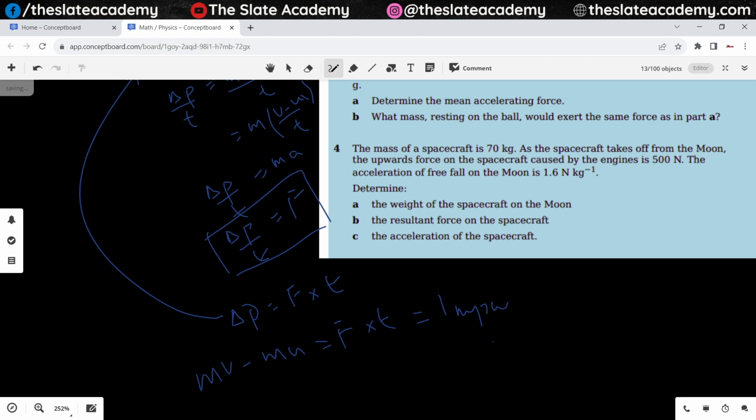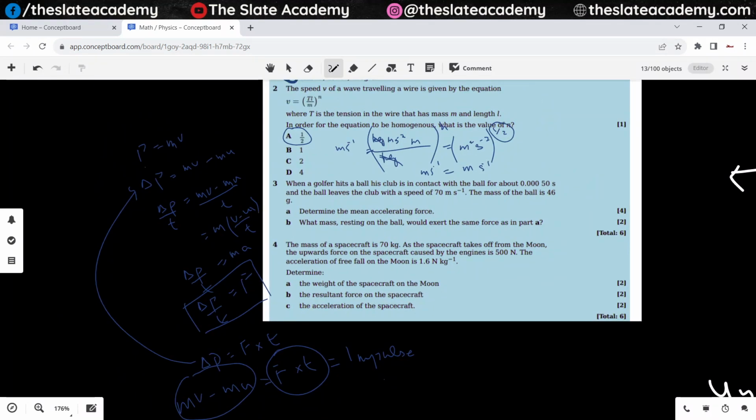So if ever you have to calculate or use impulse, you can use the formula either mv minus mu or force multiplied by time. Okay. चलें. With this information, if you could please solve question number 3.